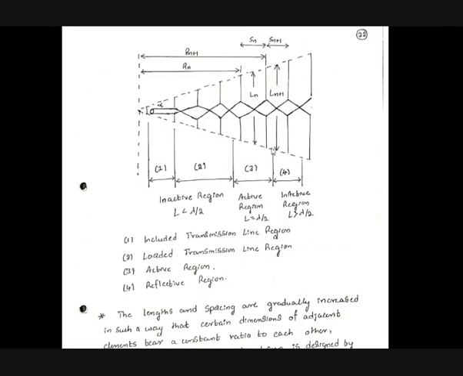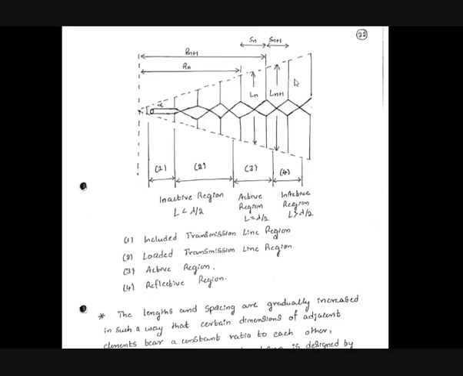One more point to remember: all the dimensions increase in proportion to the distance from the origin. The length of the dipole increases with distance from the origin, and the corresponding spacings also increase.